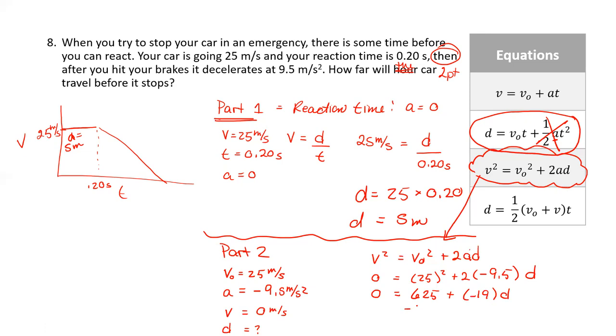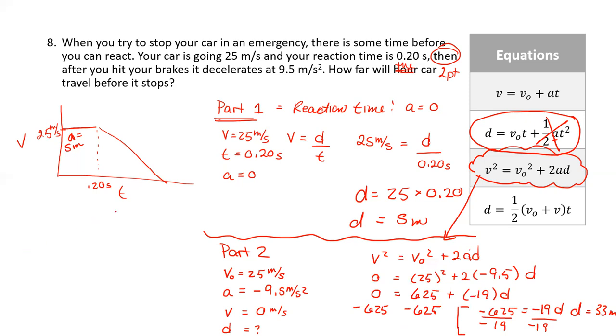Let's rearrange. Minus 625, minus 625. So we get negative 625 equals negative 19d. Divide by negative 19 on both sides, and d equals 33 meters.